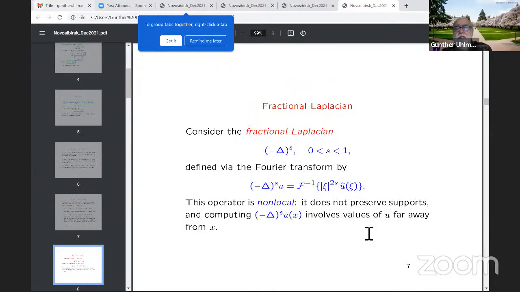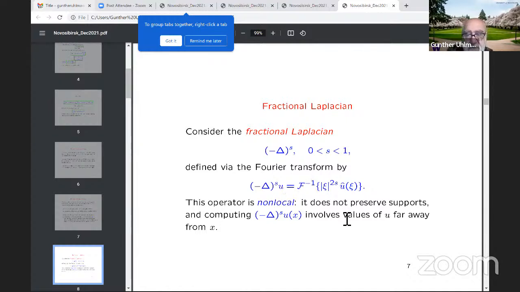So now let me go to the fractional Laplacian, the object of study. So we're going to consider the Laplacian to some power s between 0 and 1. And this can be easily defined via the Fourier transform. You take the Fourier transform of this, it is multiplication by modulus xi to the 2s. But this operator is non-local. It's in fact a pseudo-differential operator.